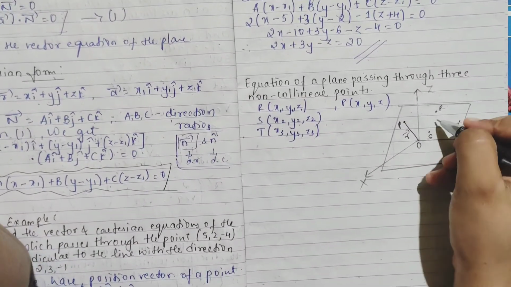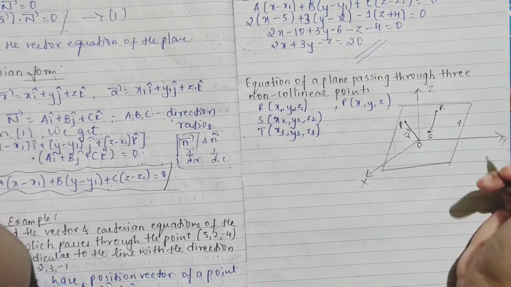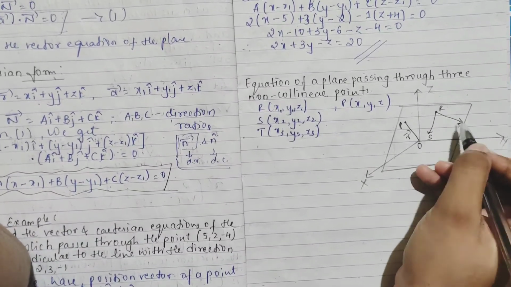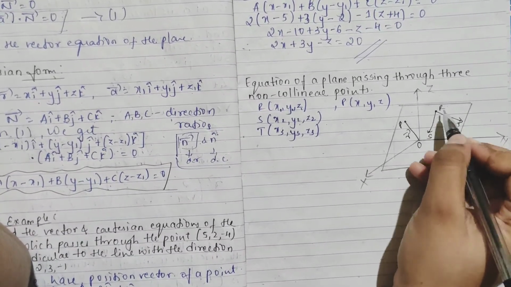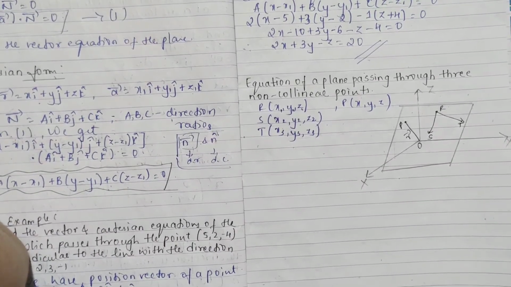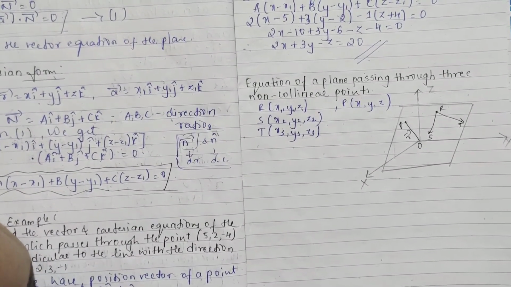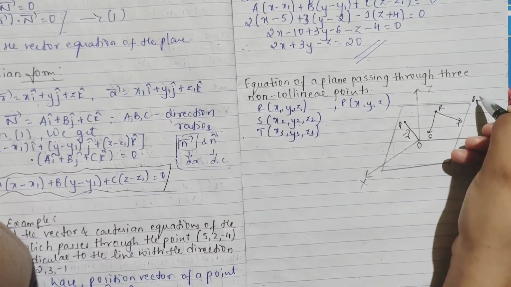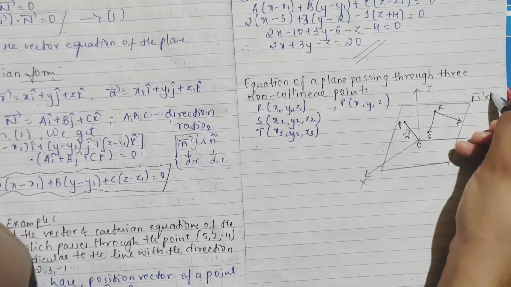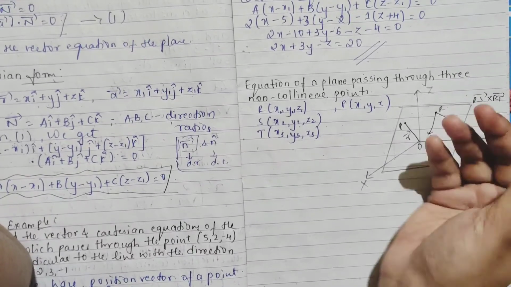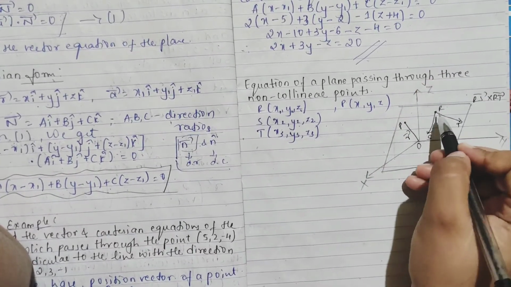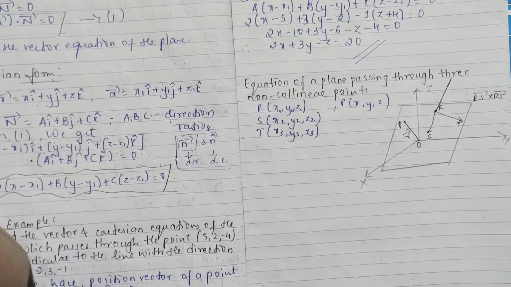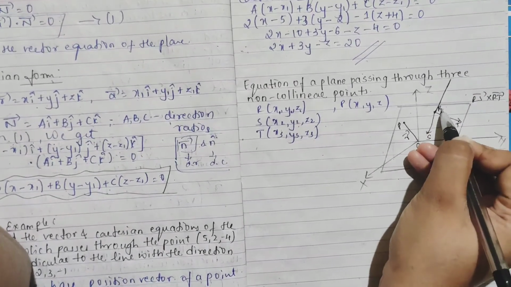Now you see, when I take vector RS and vector RT, this is your cross product. In everything we are taking our dot product and cross product. So vector RS cross vector RT is perpendicular to the plane. If you take a line like this, it is normal to the plane.